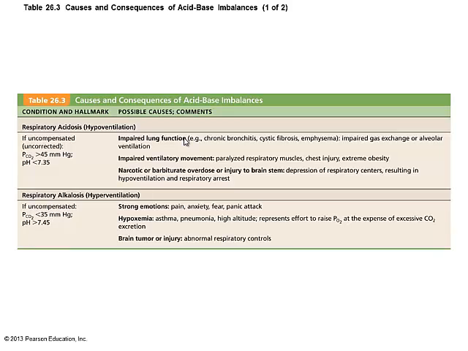I want you to know what happens to the patient when they have these conditions. The causes, possible causes? I don't want you to have to know them all, though.